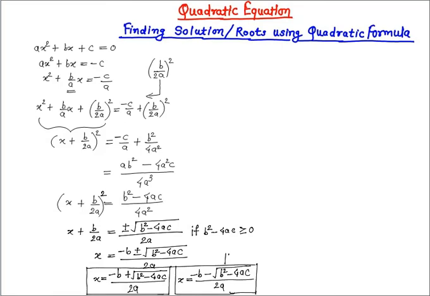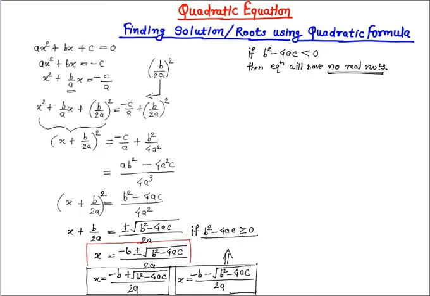And these are the roots only if b square minus 4ac is greater than or equal to 0. Now, what if b square minus 4ac is less than 0? That means if it is negative, then the equation will have no real roots. So this is the quadratic formula to find the roots of any quadratic equation.